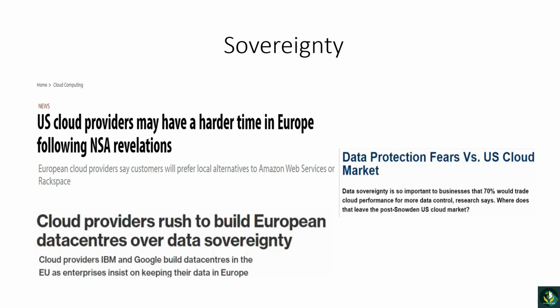Now this started to make things very difficult for cloud providers because we saw headlines like this. So I think what this means is consumers of cloud services, many of which come to and from US-based companies, are concerned that a foreign government may be able to access their data.